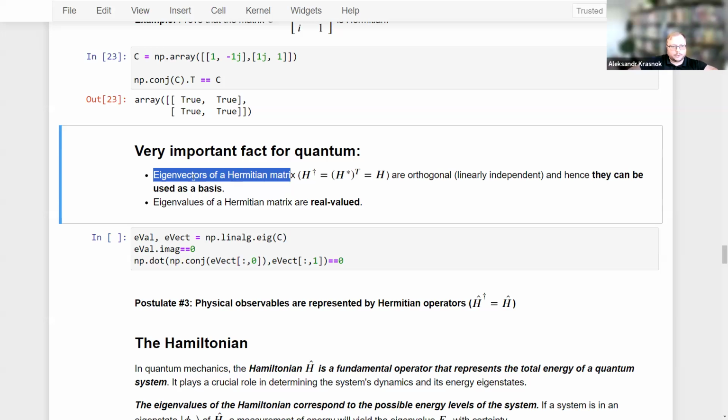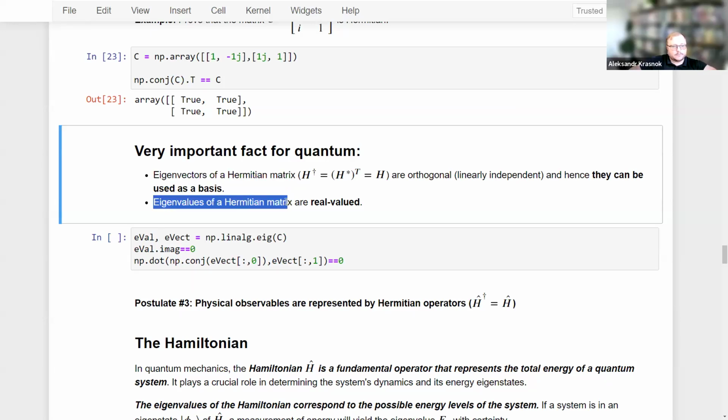So you can use eigenvectors of a Hermitian matrix as a basis to describe the quantum system. Okay, this is first. They are orthogonal.